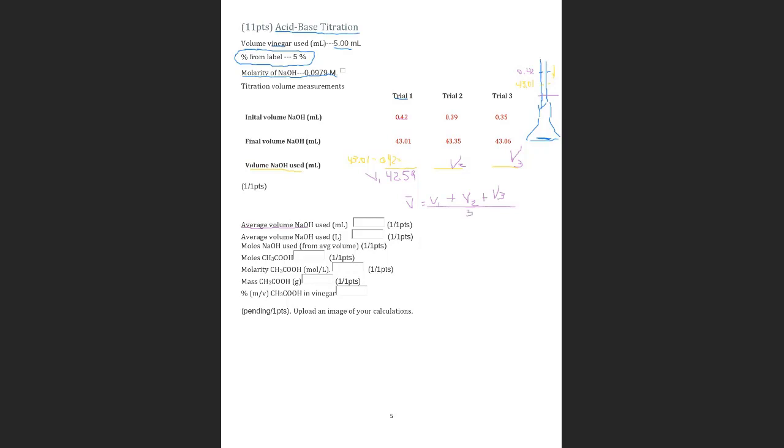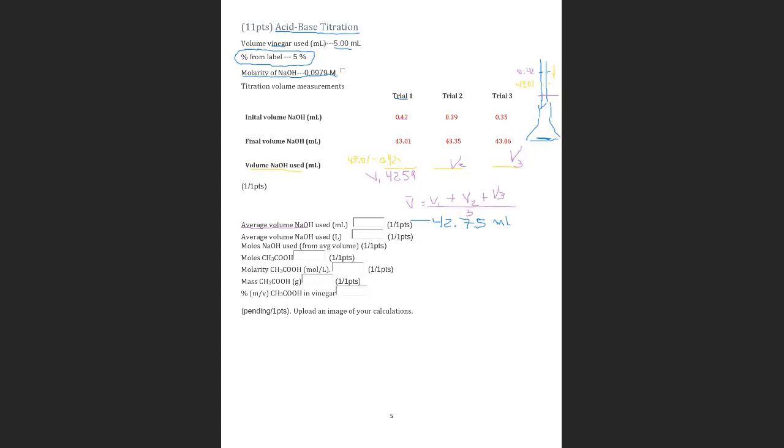So this is how you complete this part. In my case, you will have different data. I have 42.75 milliliters. This is with my data.